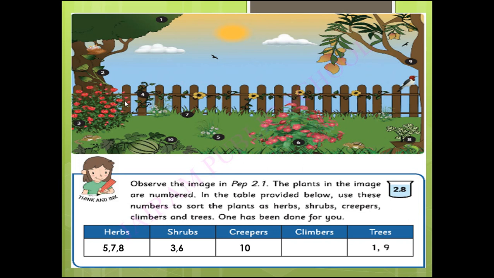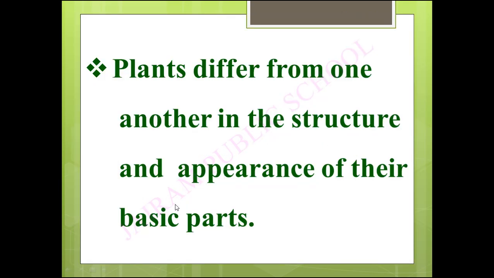So here you can see the plants growing on support, one on a tree and another on the fence. So numbers 2 and 4 are the climbers. Children, you can write the answer in your book. Here, plants differ from one another in the structure and appearance of their basic parts. Yes, of course, all the plants are different from one another in their structure and appearance.